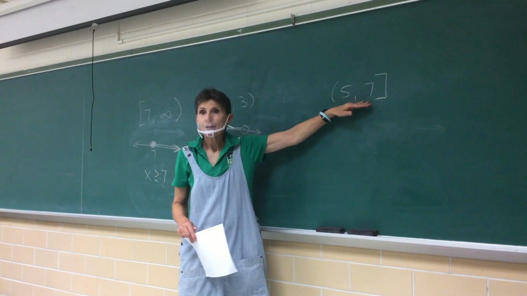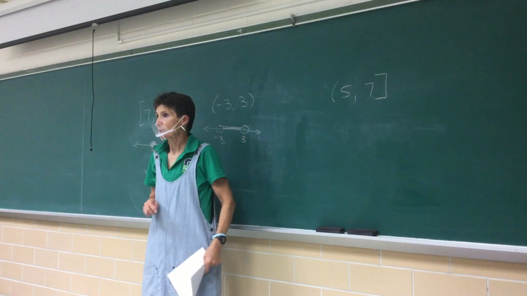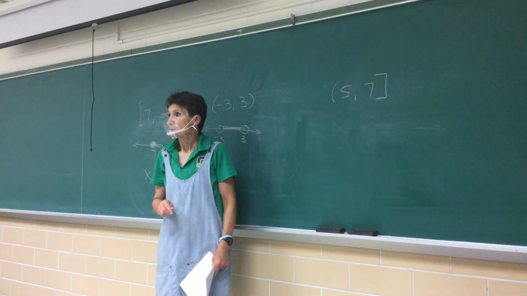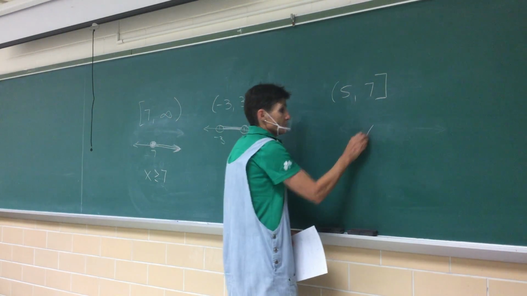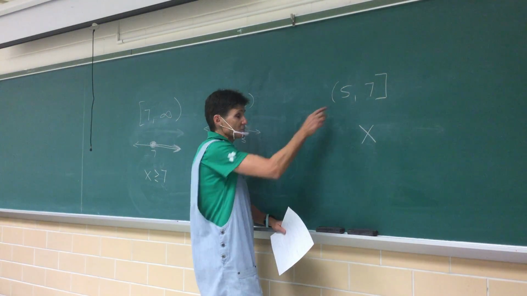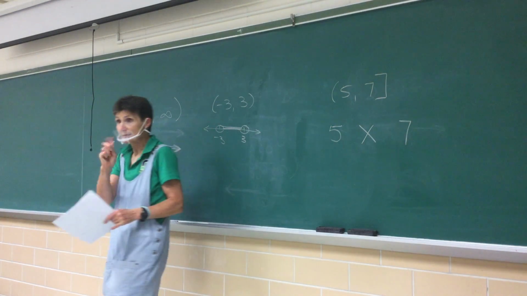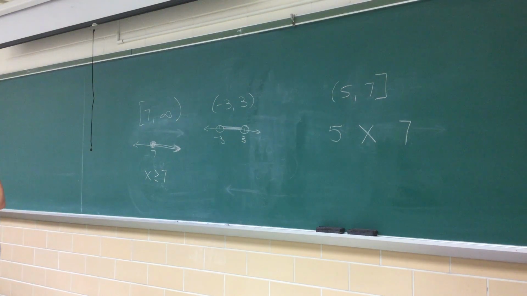So what do you think that's going to look like? You're going to have an X, and it's going to be between 5 and 7. Would you agree? If you were shading that, you'd shade between 5 and 7.